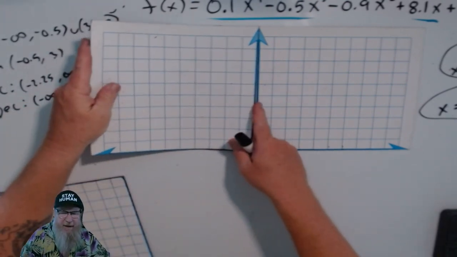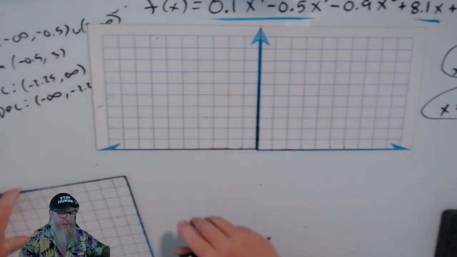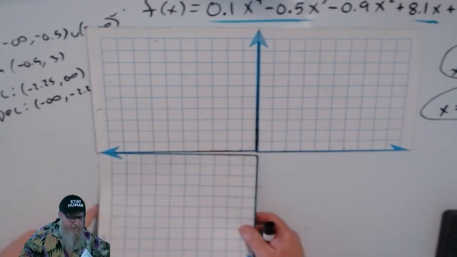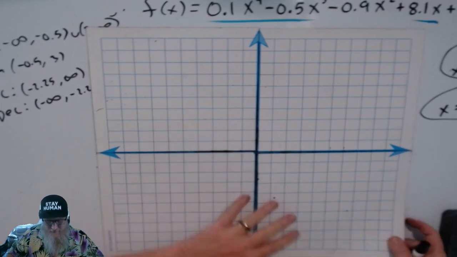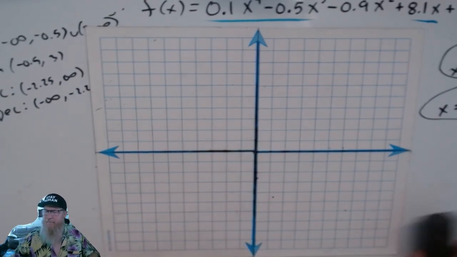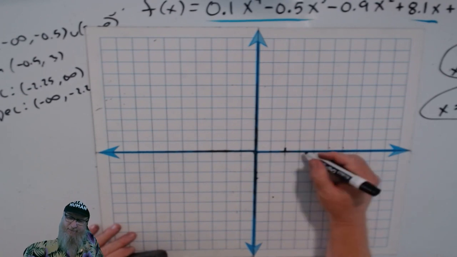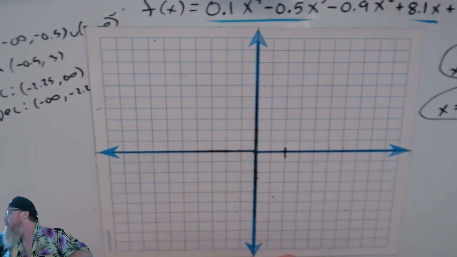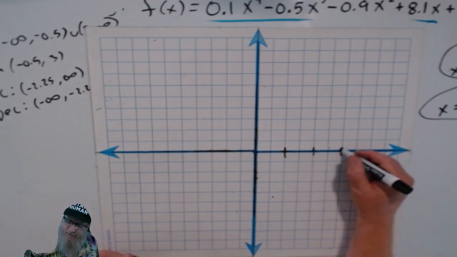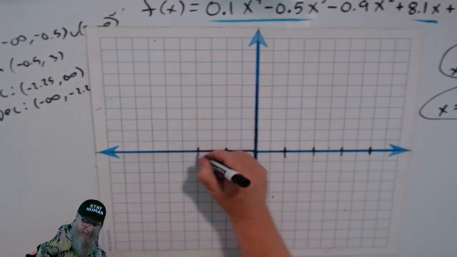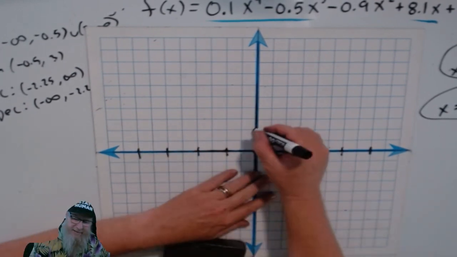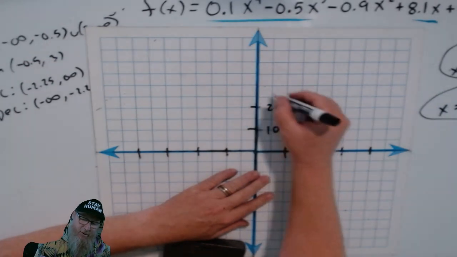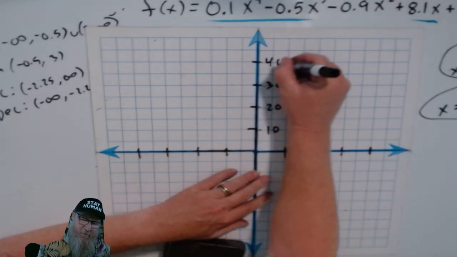Now we are going to need y values. Let's see how bad the y values are on this one. Yeah, they're pretty bad. Well, they're not that bad, they're just big. So here's what we'll do for the y values. We'll go by tens: 10, 20, 30, 40, like that.